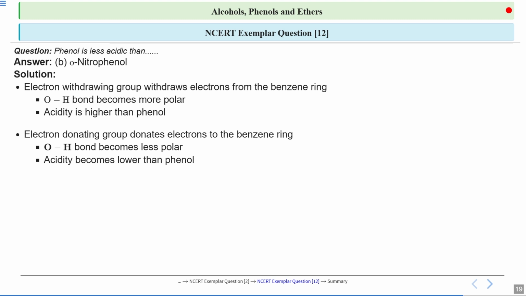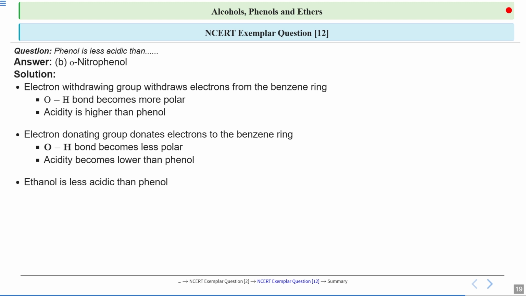The acidity of that electron donating group substituted phenol will become lower than phenol, because phenol doesn't contain any electron donating group. But if any electron donating group is present in the phenol structure, then the acidity will become lower compared to phenol.